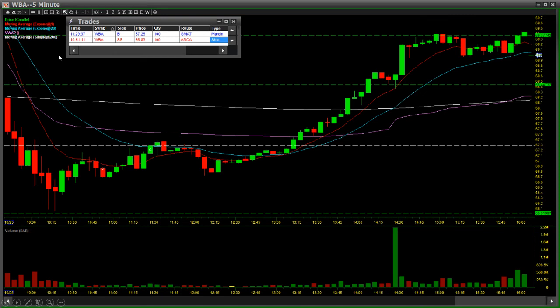And so the last trade I took was this WBA. I'm not going to take you through the whole process again, because I think by now you pretty much have it. You understand my thought process. And what you can do is take this and make it your own. You can use it the way I have it, or you can make it your own.